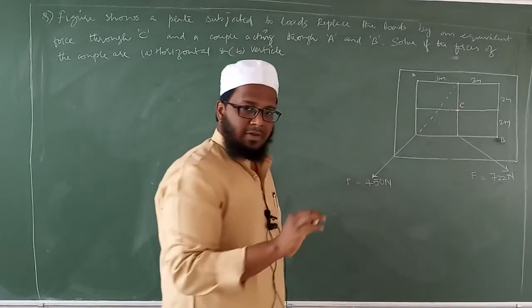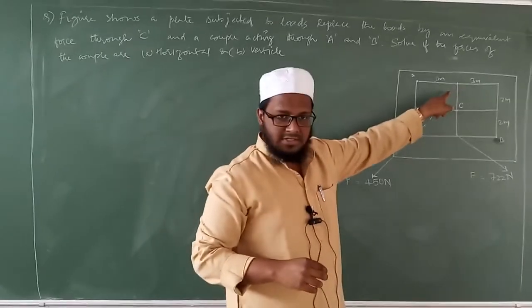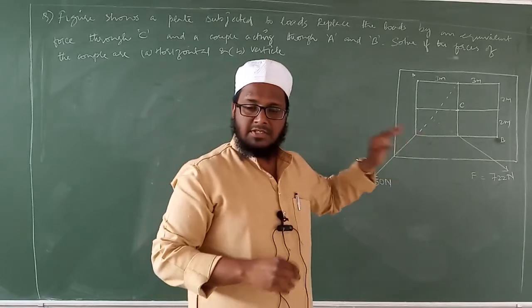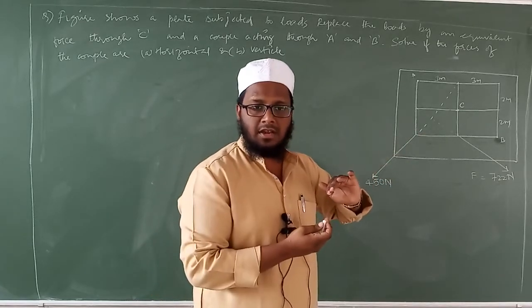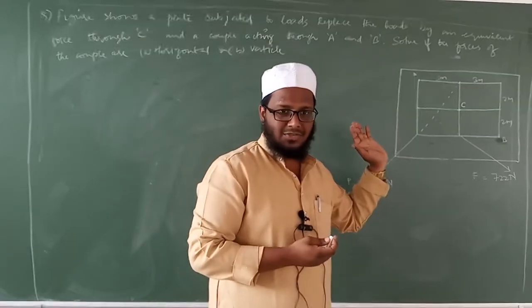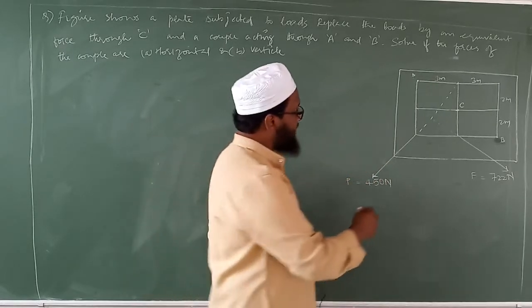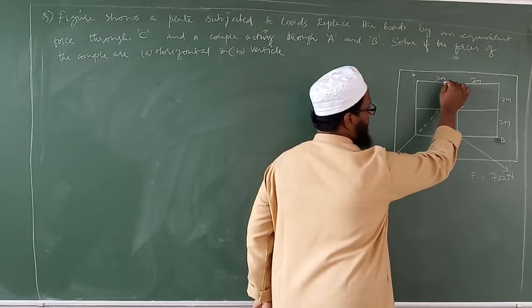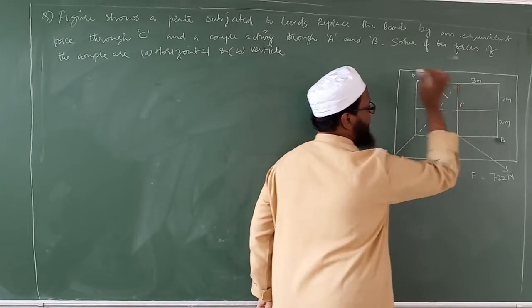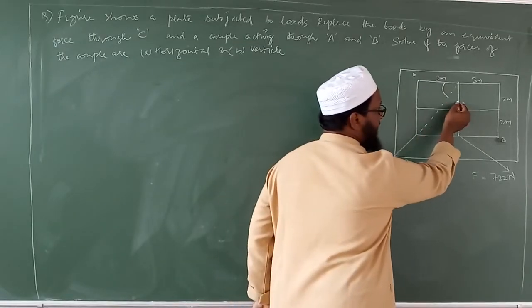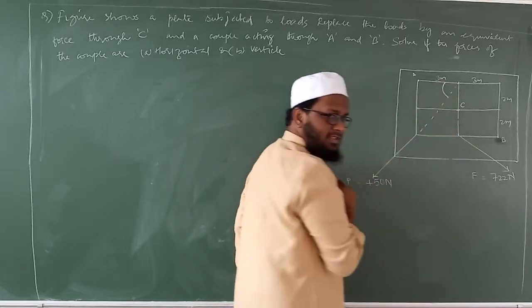So always remember, whenever you see these inclined lines, always try to connect your angle to the horizontal line. It will make the problem easy. Suppose, for example, I will not calculate this theta; I will calculate this angle.